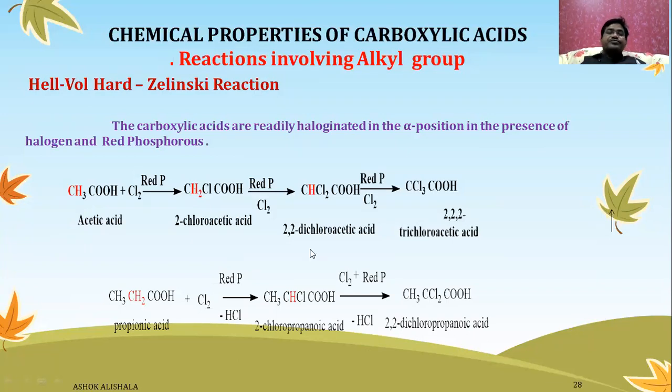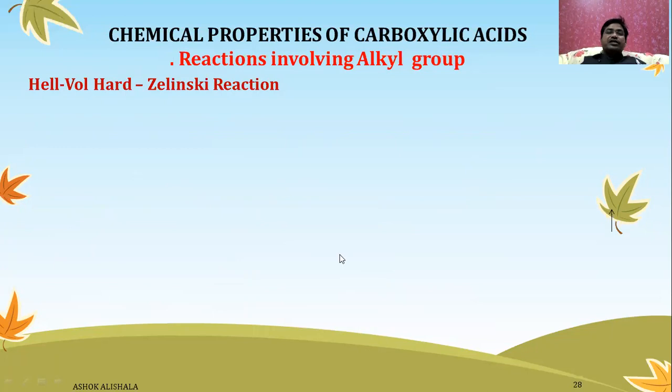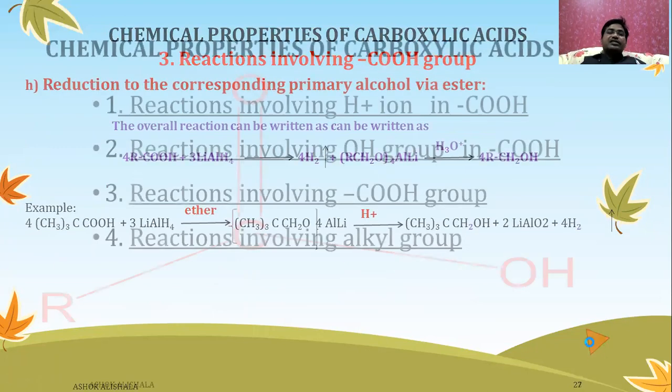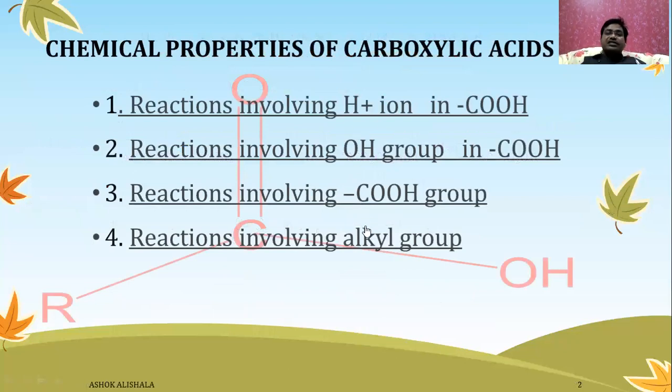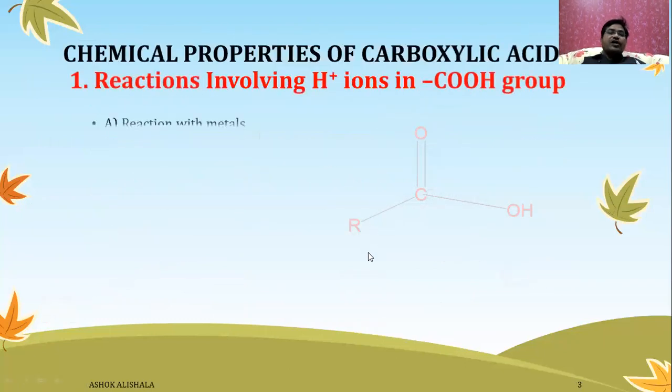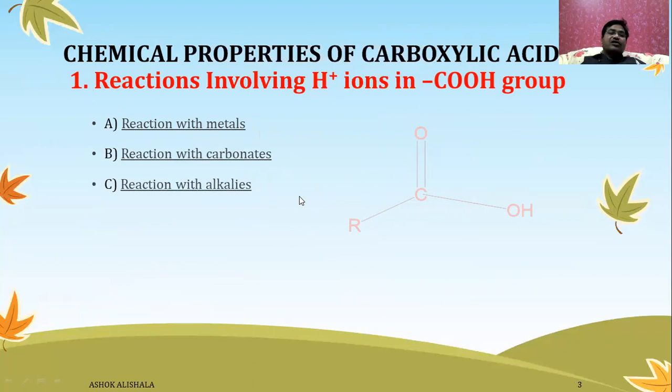Here we discussed various types of reactions. In the case of reactions involving H+ ions in COOH, we know the different reactions: reaction with metals, reaction with carbonates, reaction with alkalis.